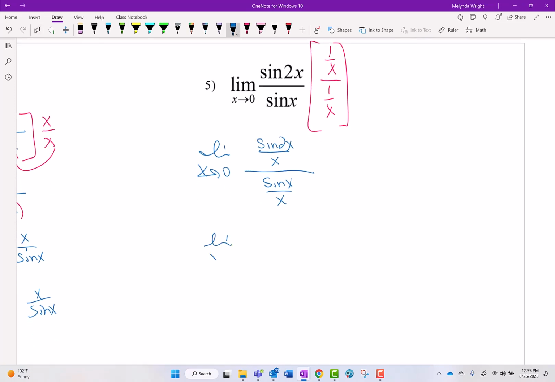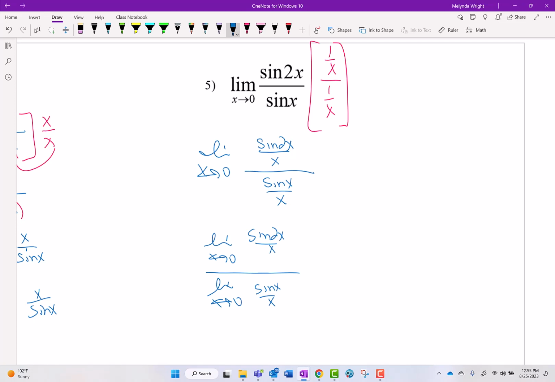The limit as x goes to 0 of sine 2x over x, over the limit as x goes to 0 of sine x over x. So the bottom one is ready to go. What's the answer to the denominator? It's 1. The top one is almost ready to go.